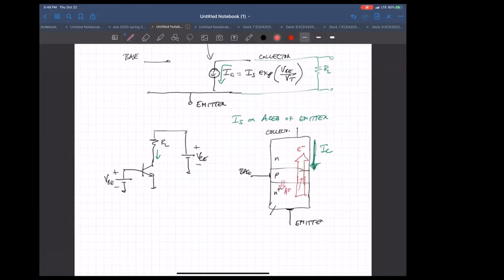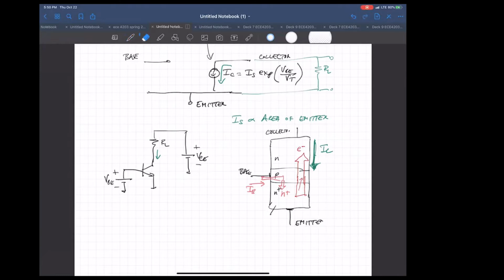So this is H plus, which stands for hole current. Because the holes are positively charged, the direction of the current is the same as the direction of the holes. So the base current looks like it's going into the base.